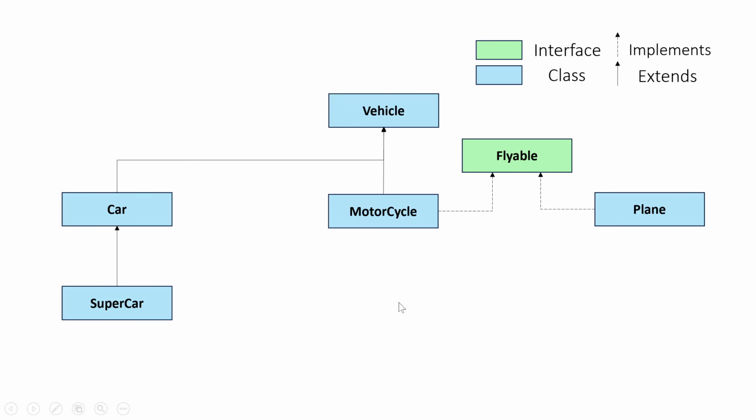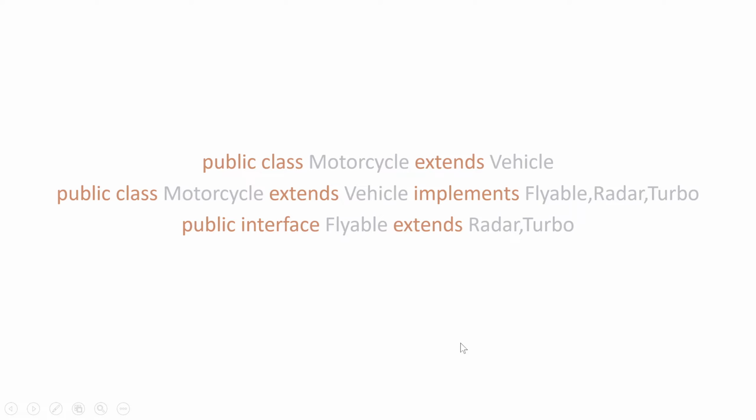And the keyword we are going to use to implement an interface into a class is implements. Let me show you in the next slide. The syntaxes we are going to use is motorcycle extends vehicle. Nothing new. You already know it. This is a way to extend a class.